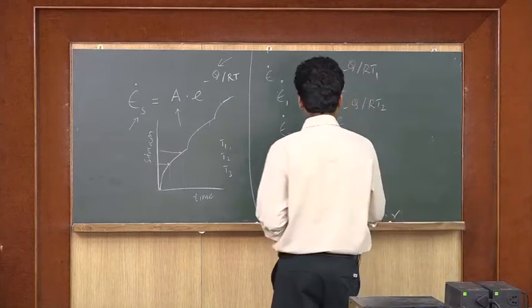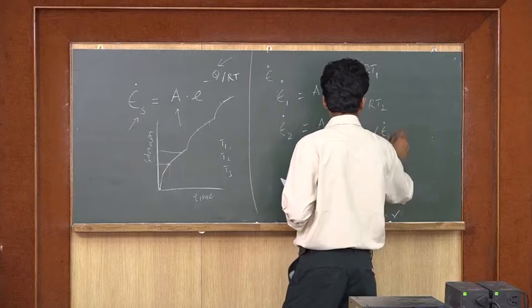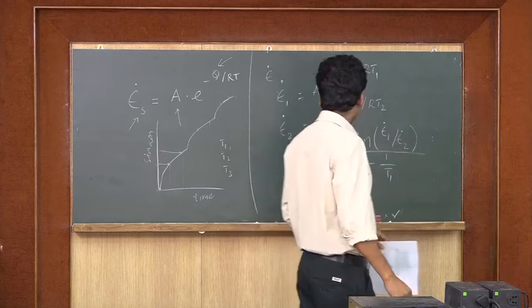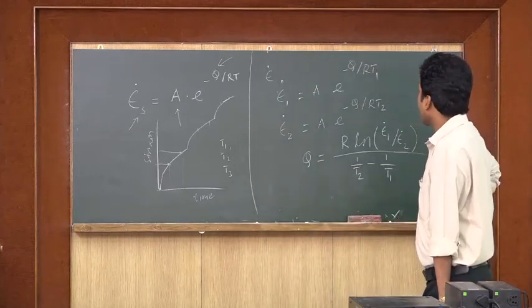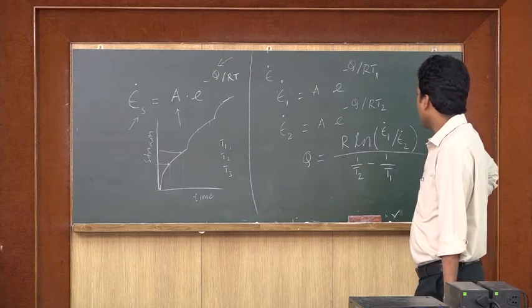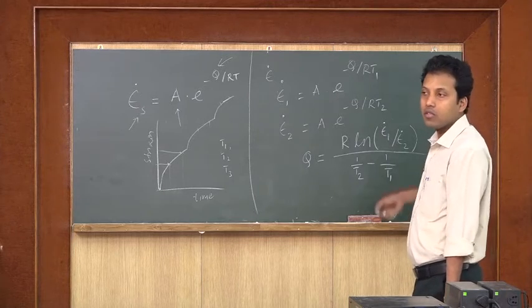it will be R, okay. So, if I take log or ln on both sides, we will have Q equal to R ln of epsilon dot 1 by epsilon dot 2, divided by 1 by T2 minus 1 by T1. Do you follow this?